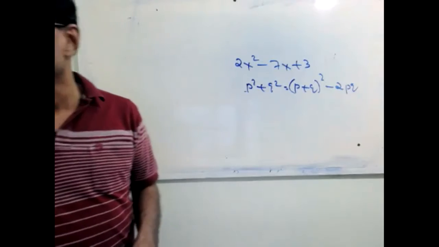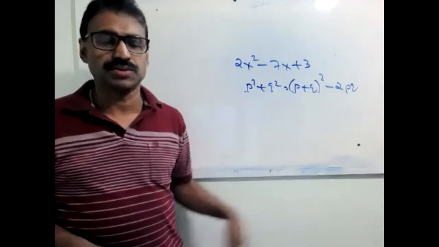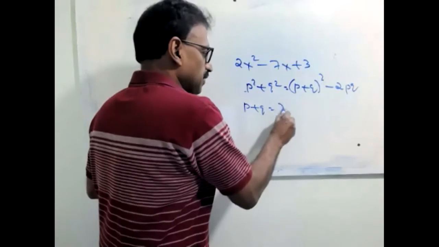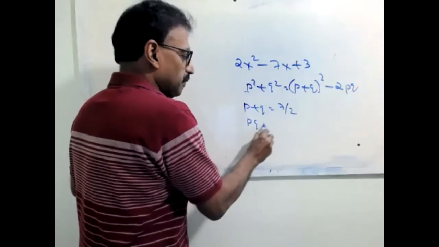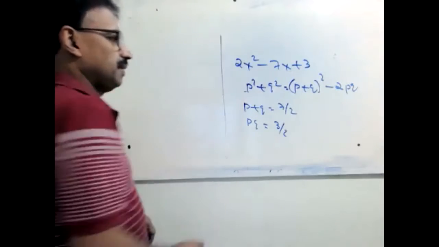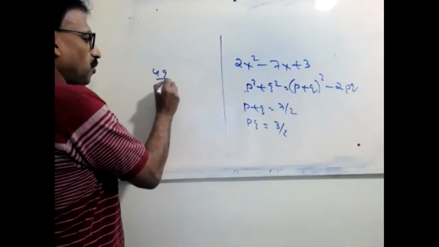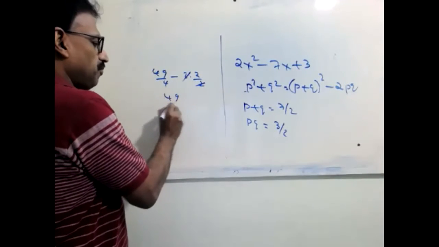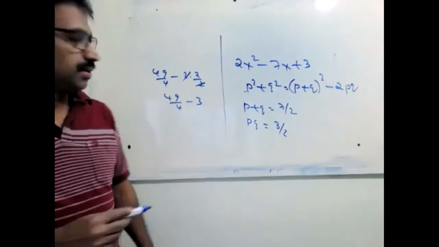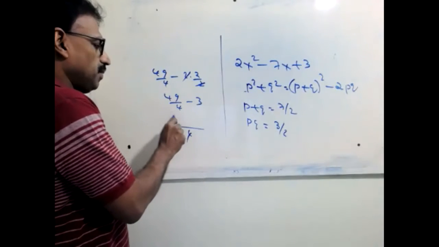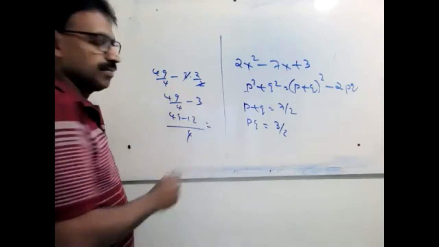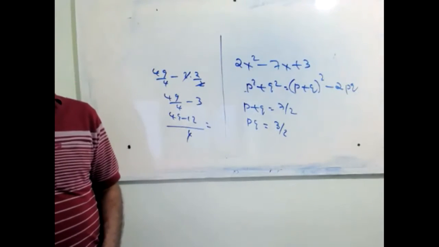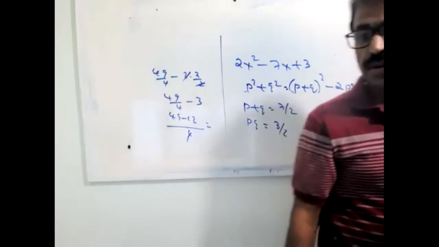Now P plus Q is 7/2 and PQ is 3/2. Substitute: (7/2) whole square, that is 49/4, minus 2 into 3/2. The 2 cancels, so 49/4 minus 3. Correct or no? Taking 4 as LCM, 49 minus 12, how much? 37, right? So 37/4. Okay, complete first.